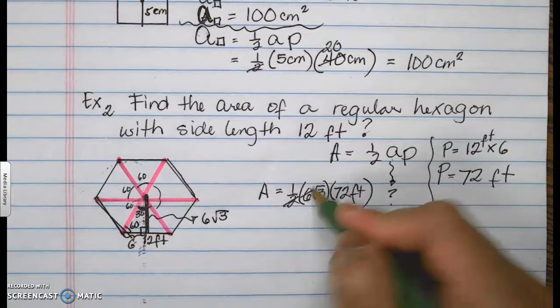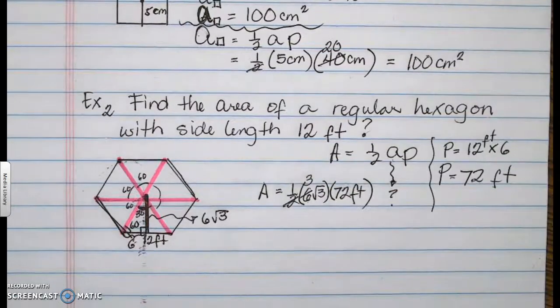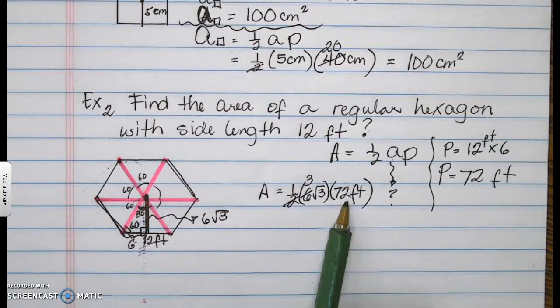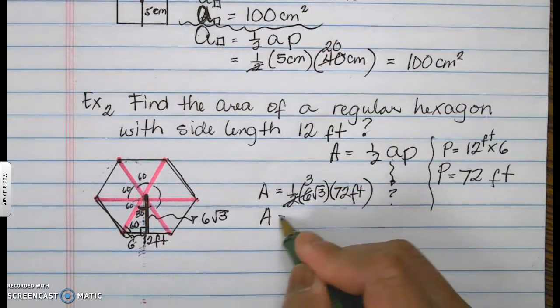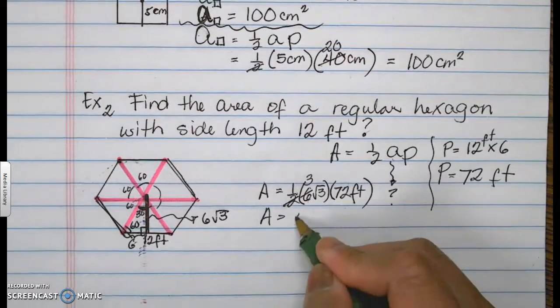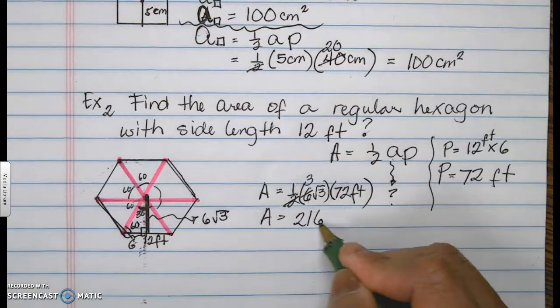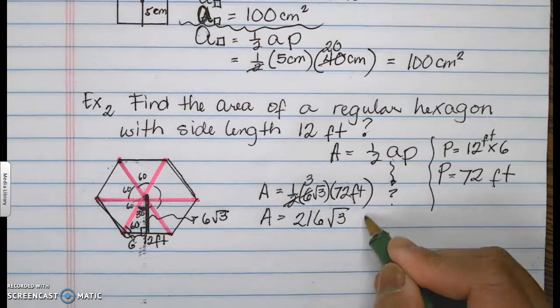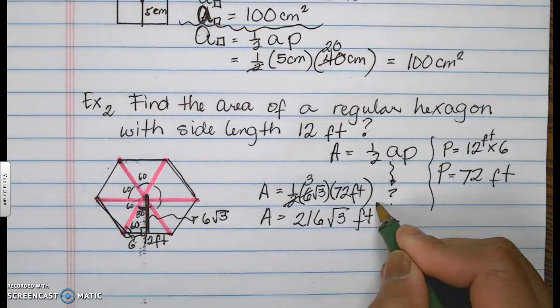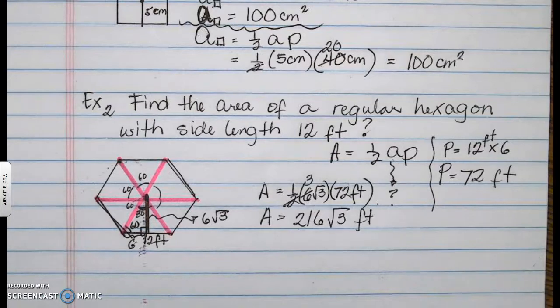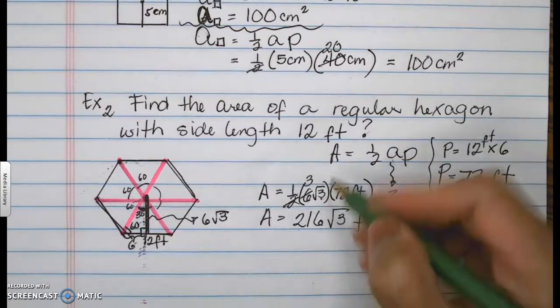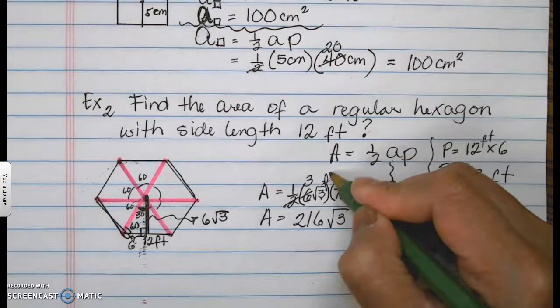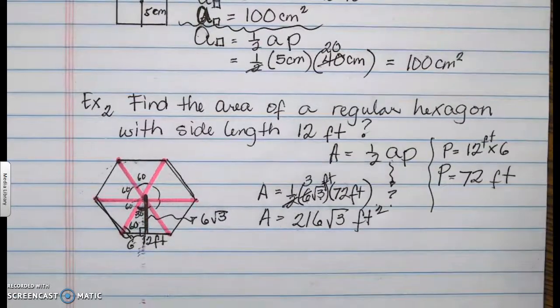So I can just have 3 square root of 3 times 72. My area is going to be 216 square root of 3 feet. Oh, I'm sorry. This is supposed to have a unit of feet as well. So that is supposed to be feet squared.